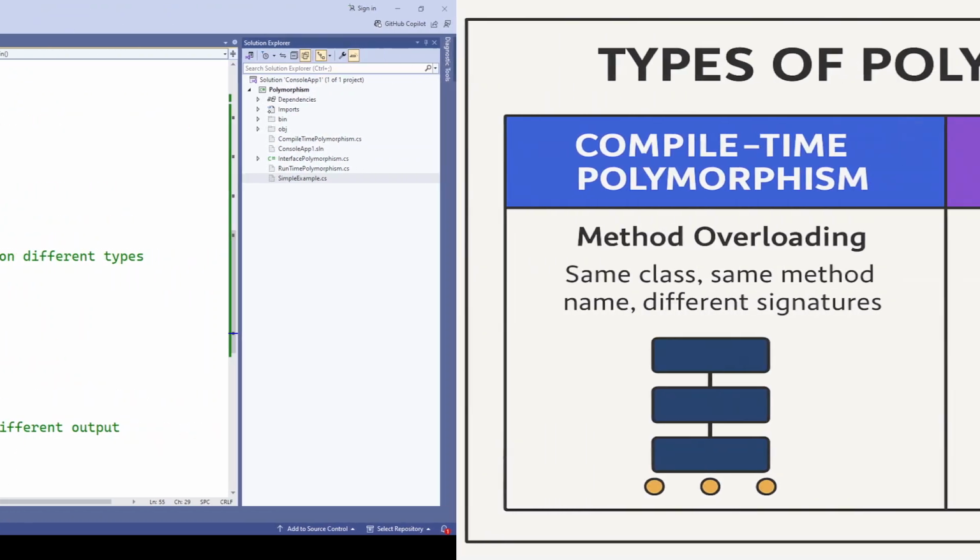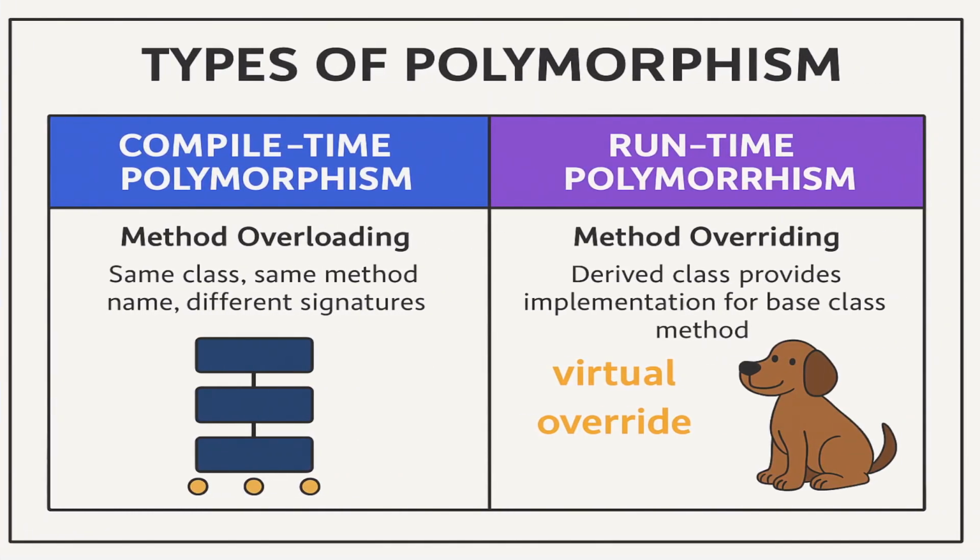Okay, so let's try to understand the different types of polymorphism and how you achieve it. Mainly there are two types of polymorphism: compile time polymorphism and runtime polymorphism. Compile time polymorphism is also known as static polymorphism, the reason being that at the time of compilation itself, the compiler knows which method to call, right?